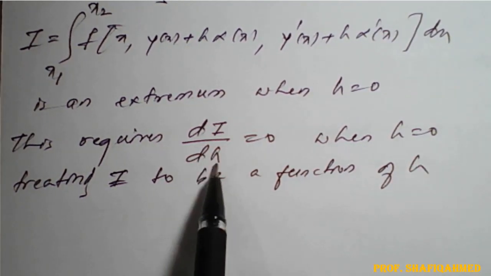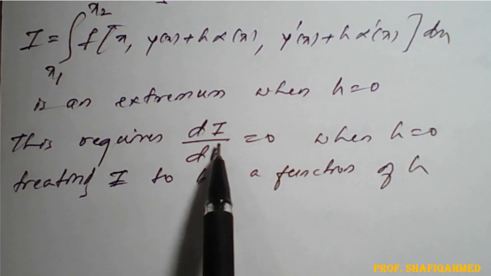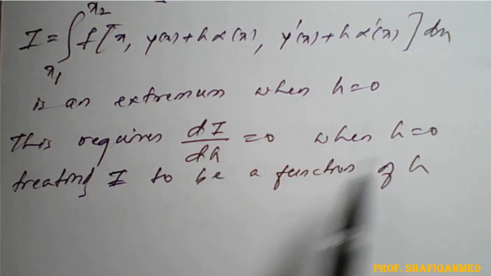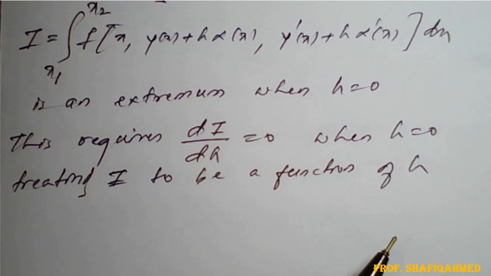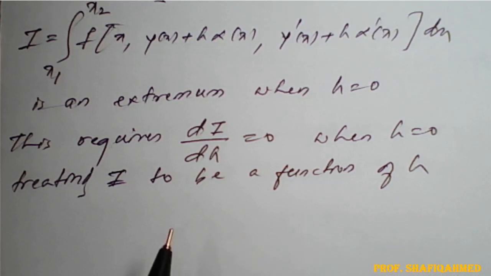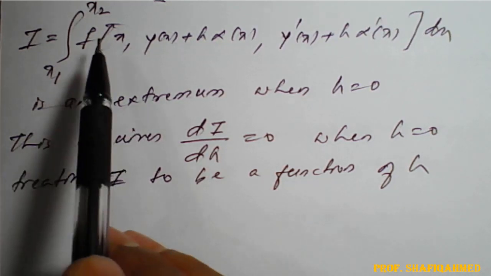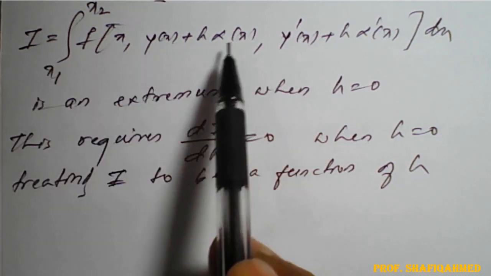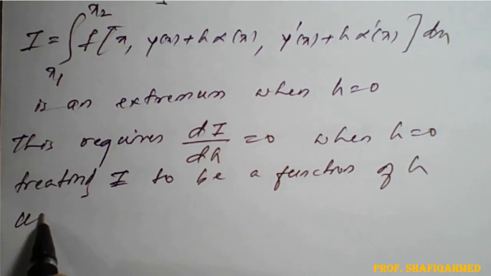So treating I as a function of h, when h is 0, we apply the Leibniz rule for differentiation under the integral sign.